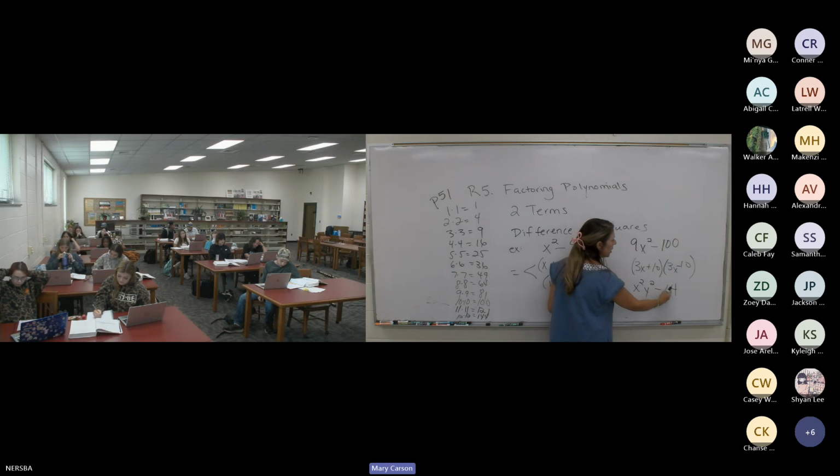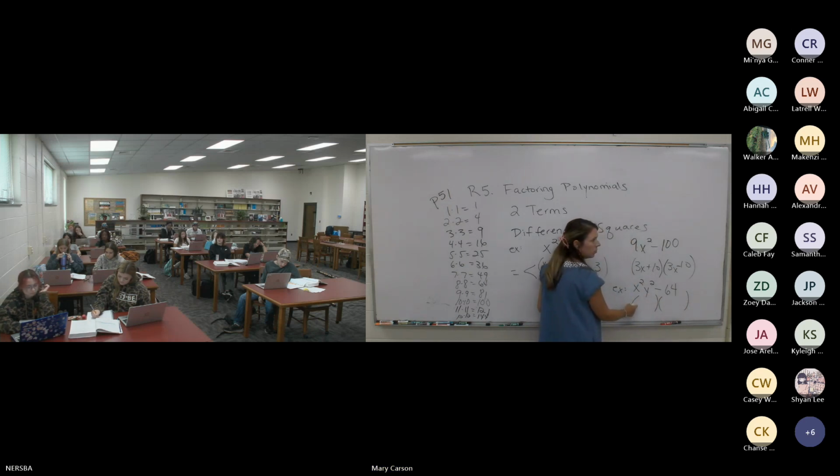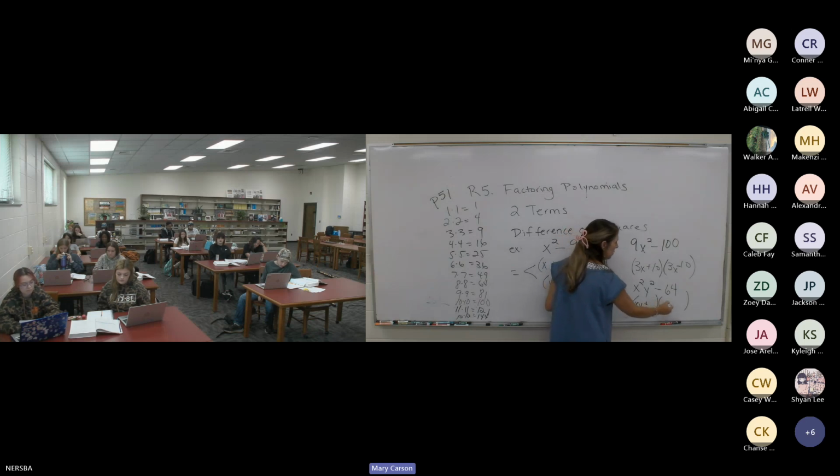There's a minus here, and then 64 is a perfect square. So I know you can break this up. What is going to be our first? xy, plus, minus 8. And I forgot my xy here.